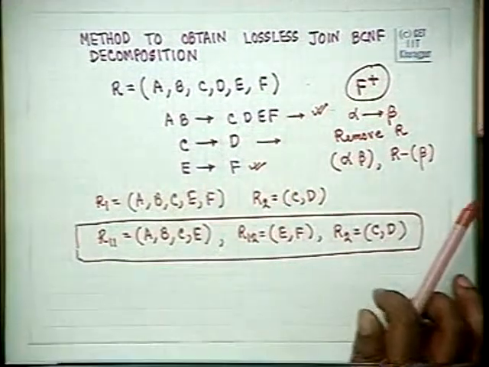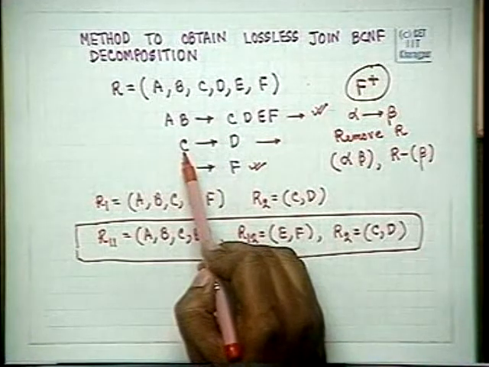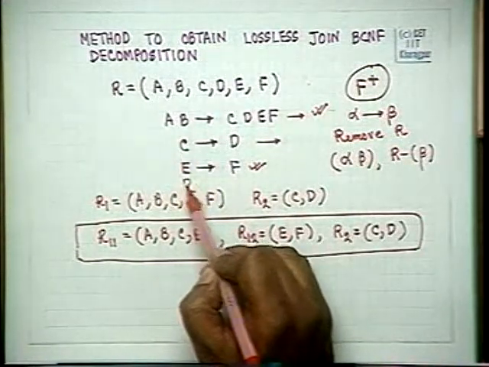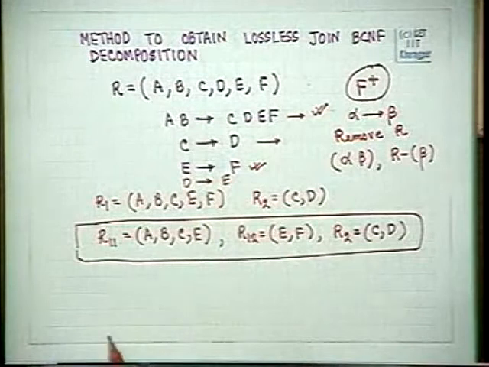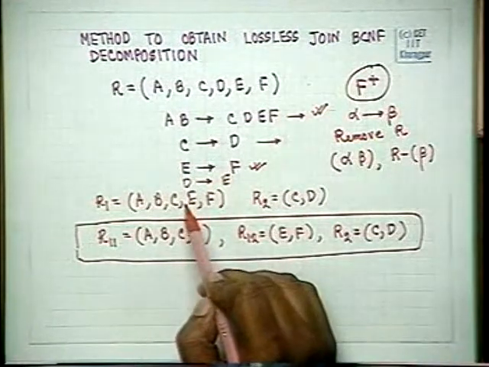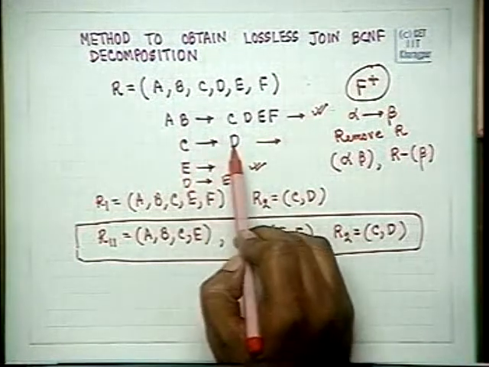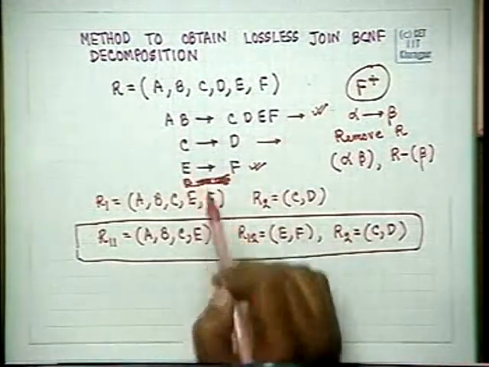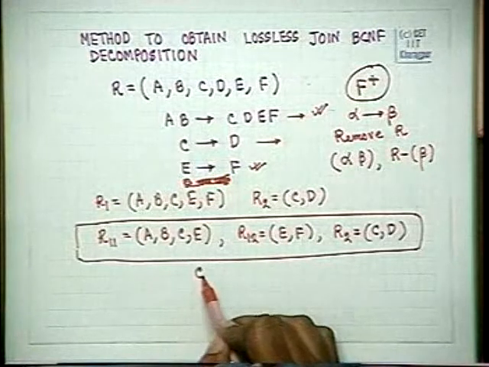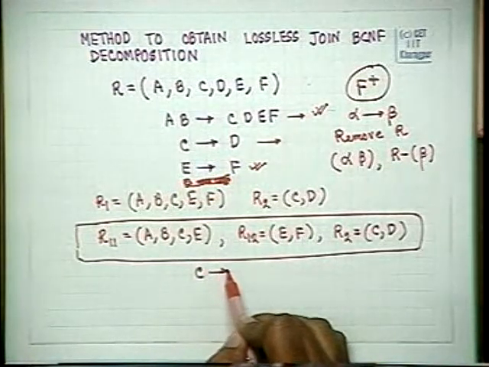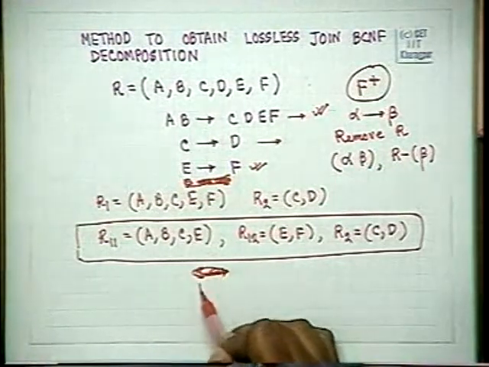But if I had another dependency, say D to E, I have AB to CD and C to D. Suppose I had another functional dependency, D to F.